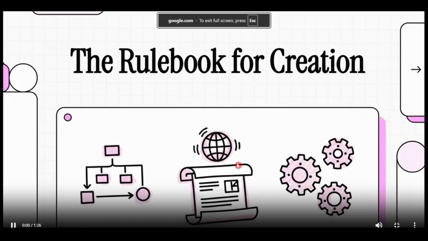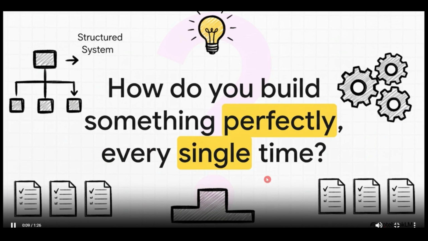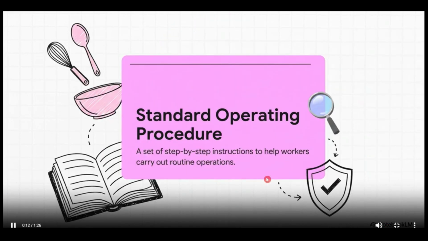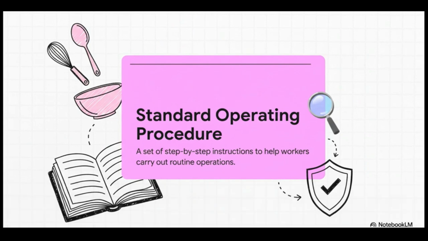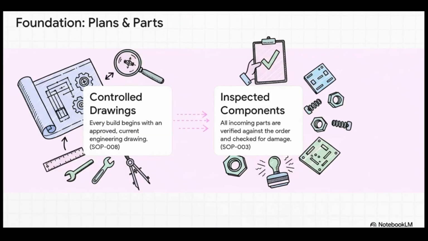Let's talk about the hidden rule books that build our world. Standard operating procedures, or SOPs. So how do you build something perfectly every single time? Well, it all comes down to a system. Basically, an SOP is the ultimate recipe. It ensures everything is done right for quality and safety. To see how this works, we're going to follow the journey of an electrical control panel guided by its SOPs. Okay, first things first. Before any work starts, the plans and parts have to be absolutely perfect.